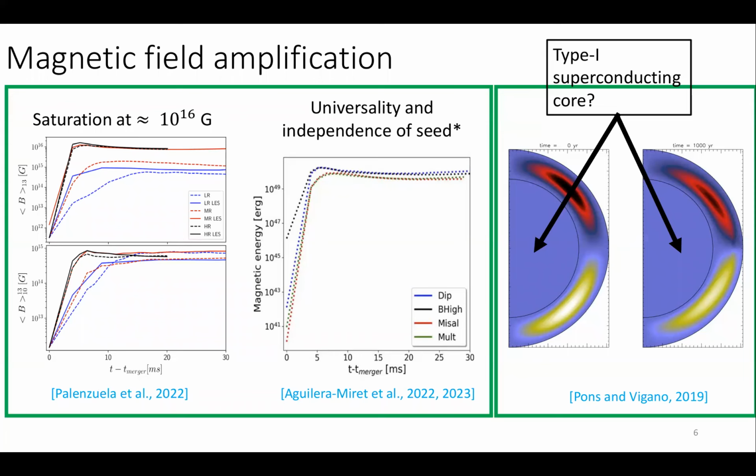Then also, as mentioned yesterday, the group was exploring different initial magnetic field topologies. The hypothesis is whether initial magnetic field topologies can or cannot lead to different outcomes in this initial magnetic field amplification phase.